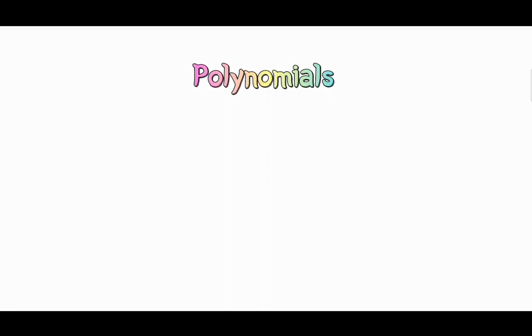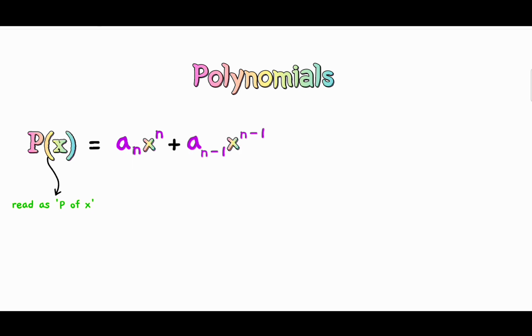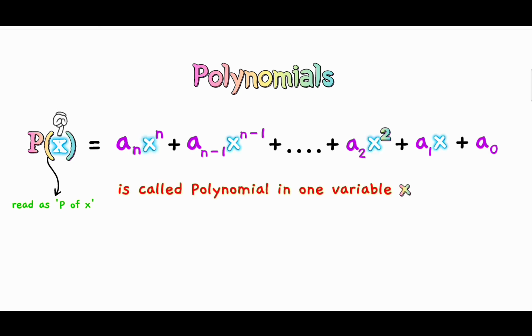So formally speaking, an algebraic expression of the form p of x equals a_n x to the power n plus a_(n-1) x to the power n minus 1 and so on up to a_0 is called a polynomial in one variable x of degree n, since n is the highest power.